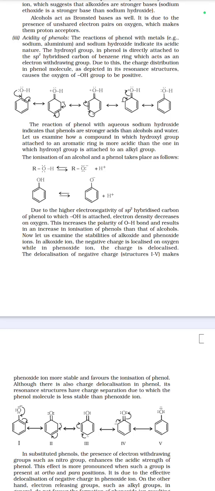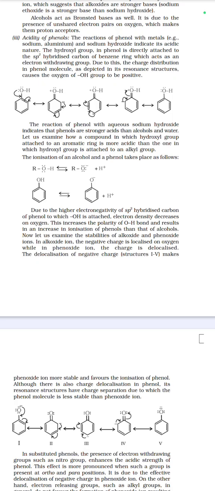Let us examine why a compound in which a hydroxyl group is attached to an aromatic ring is more acidic than one in which the hydroxyl group is attached to an alkyl group. The ionization of an alcohol and a phenol takes place as follows.